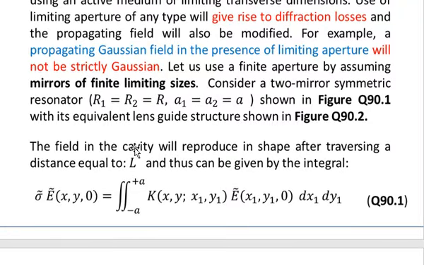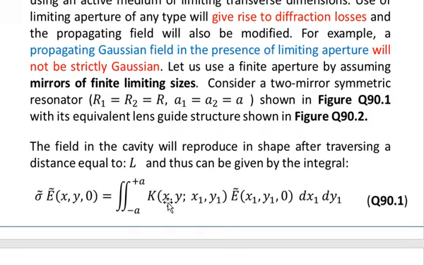The field in the cavity will reproduce in shape after traversing a distance equal to capital L, and thus can be given by the integral. That is, sigma prime times E prime of x y 0 is equal to the double integral, both with the limits from minus a to plus a, of kappa of x y, x1, y1, times E prime of x1, y1, 0, dx1 dy1.